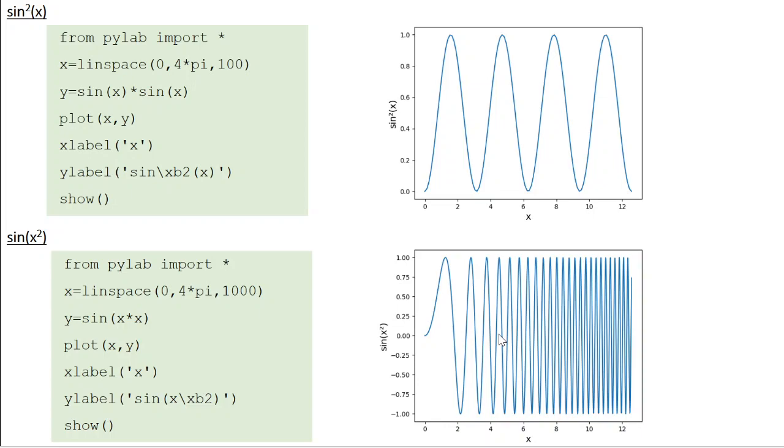So to capture all the minute and fast variations, I have increased the number of data points. This is a common practice while plotting data. If you have so many features to display, or a very fast varying function, you increase the number of data points so that the visualization becomes better.